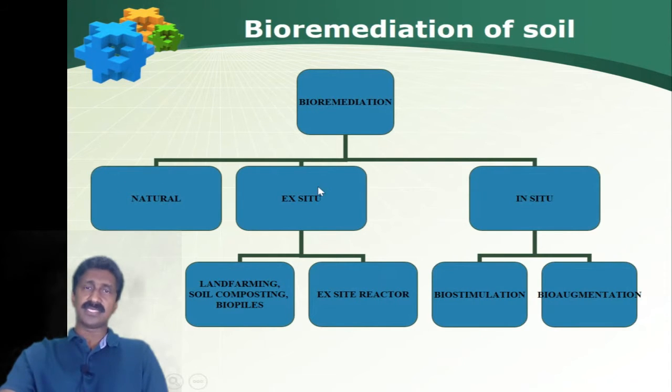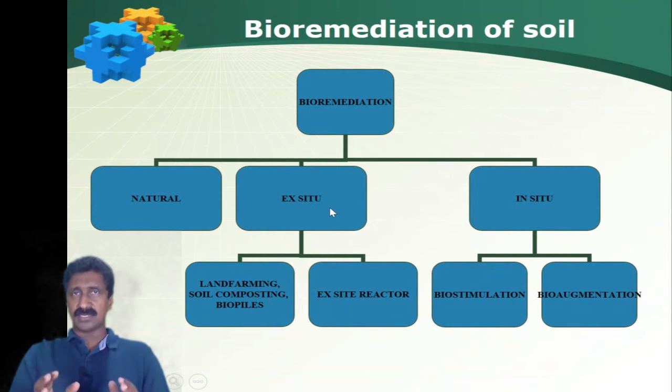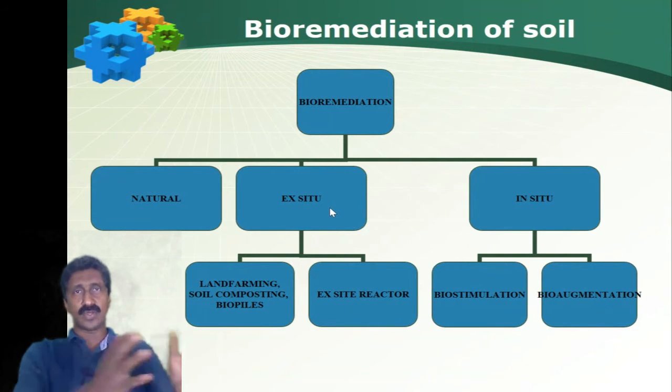Whereas in ex situ treatment, examples are land farming, soil composting, biopiles, etc. Then ex situ reactors, etc. These are all ex situ treatments in which the contaminated material, for example soil, is taken to another treatment site and treated there.